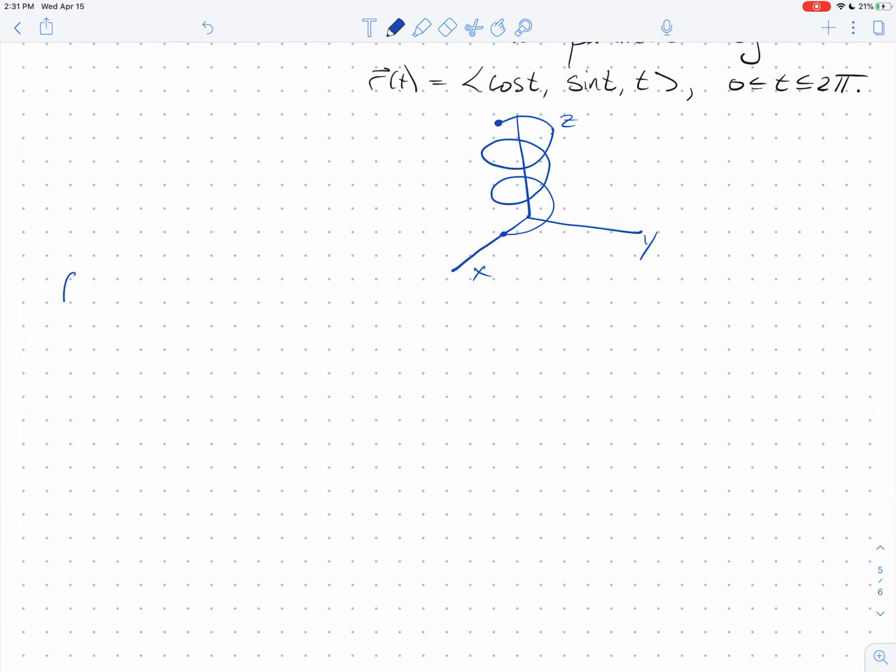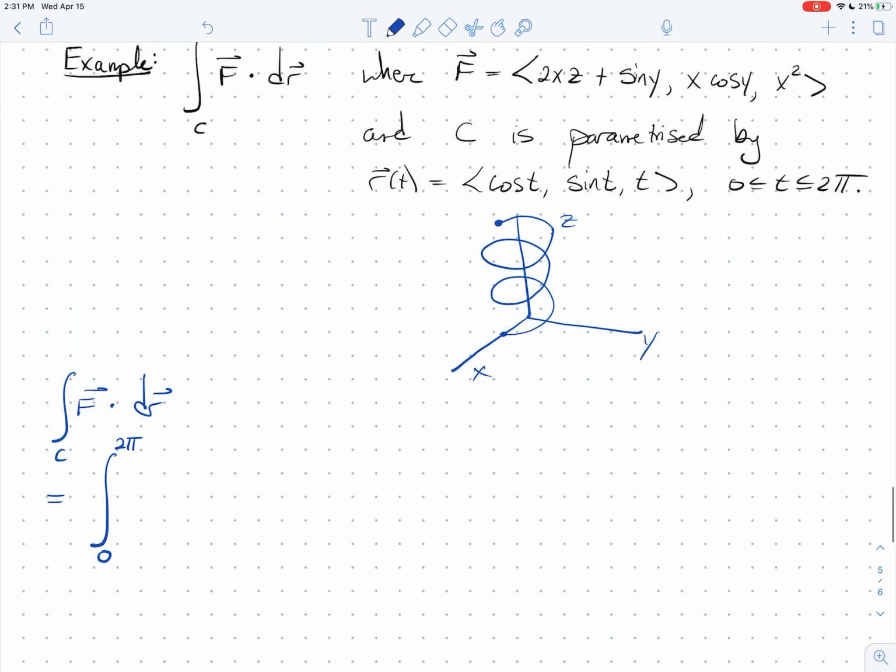So if I wanted to do it directly, the integral over C of F dot dr equals the integral from 0 to 2 pi.